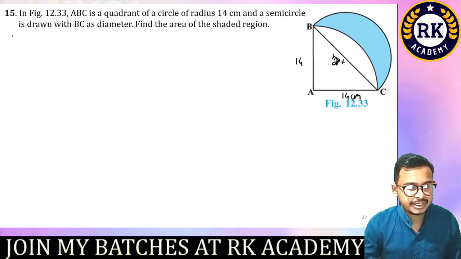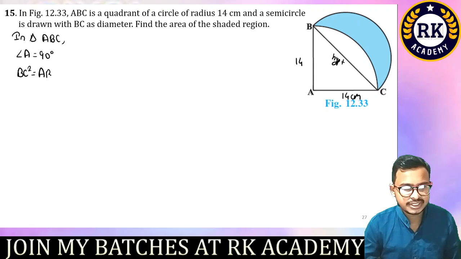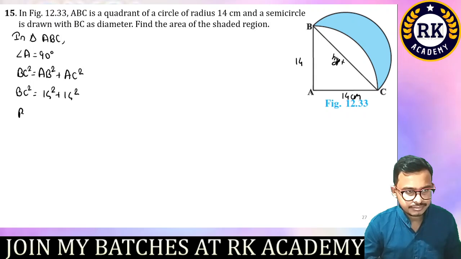So first, in triangle ABC, angle A is equal to 90 degree as it is a quadrant. So we can say BC square is equal to AB square plus AC square. So BC square shall be equal to 14 square plus 14 square. So BC square shall be equal to 2 times 14 square.